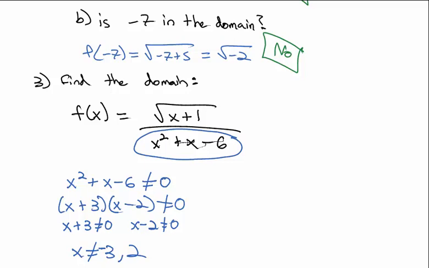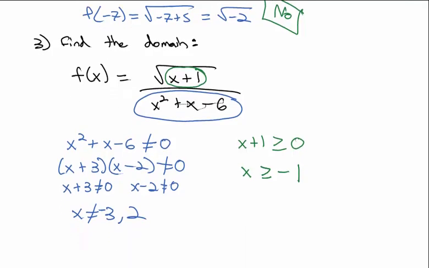But in this problem, that's not the only restriction, because we have a square root. And we know with square roots, the x plus 1 has to be greater than or equal to 0 because it cannot be negative. Square roots cannot be negative. So x has to be greater than or equal to negative 1.